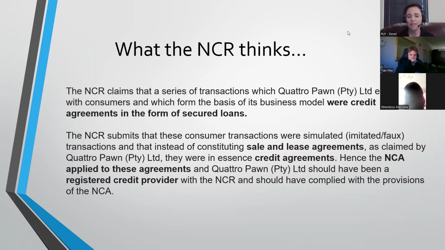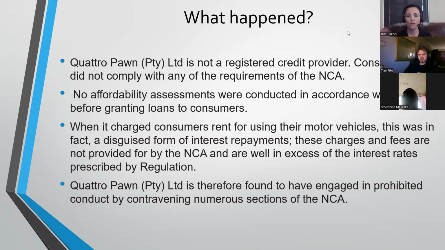The NCR also submits that these consumer transactions were actually simulated transactions, because instead of constituting sale and lease agreements as claimed by Quatro, so Quatro said, oh, we don't enter into credit agreements, this is a simple sale and lease, but it's not, because in essence, they were credit agreements when they loaned money to the consumer. The moment that they loaned money, the NCA had to apply to these agreements, and therefore Quatro should have been a registered credit provider. Of course, Quatro is not registered. Therefore, they did not comply with any of the rules of the NCA.